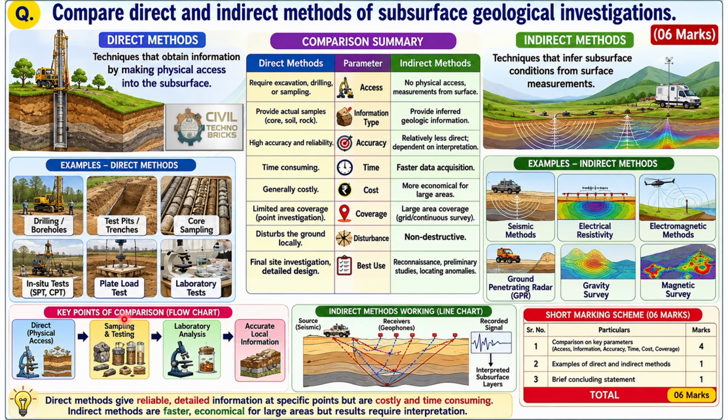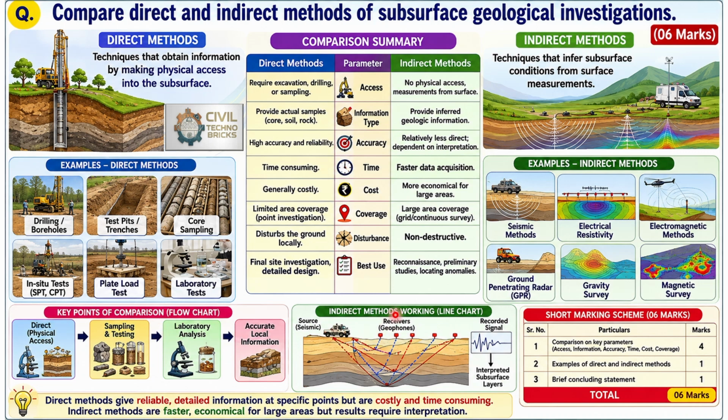Then the sample is tested in the laboratory, and after that we get results with reference to our objective, so that we come to know the accurate local information. Direct methods give reliable, detailed information at specific points with reference to ground control points, but they are costly and time consuming. On the other hand, indirect methods are faster and economical for large areas, but the results require interpretation techniques. That means the comparison also has some limitations.